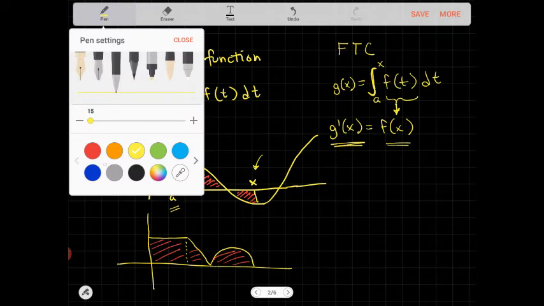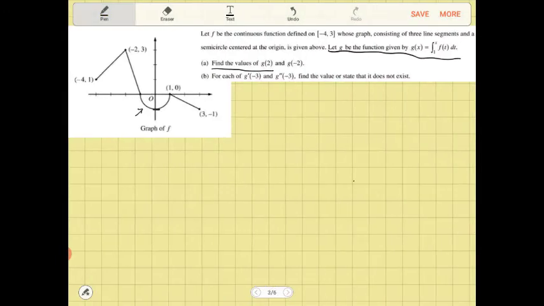Well, let's take a look at an example, an AP question from a past exam that has an accumulation function. Here, our function is defined in the interval that goes from -4 to 3. Note that it is continuous, and the part of the function that looks like a circle is indeed a semicircle centered at the origin.